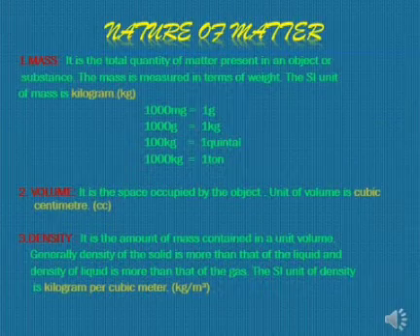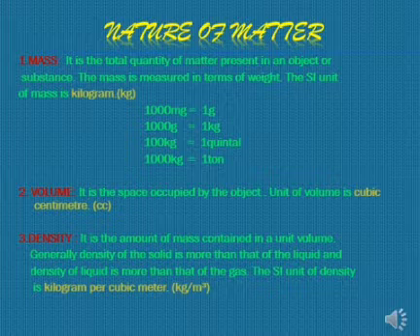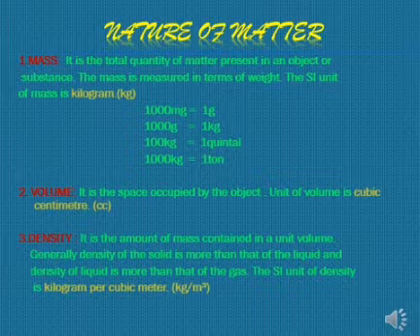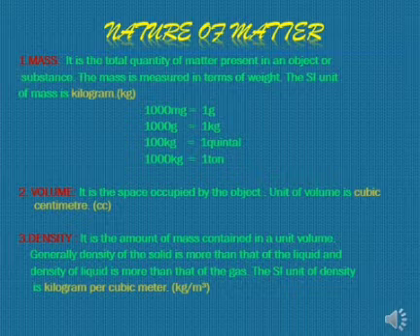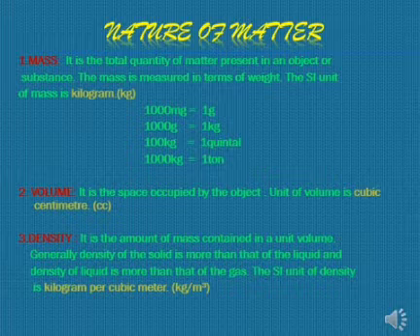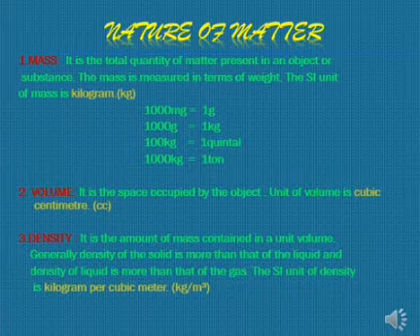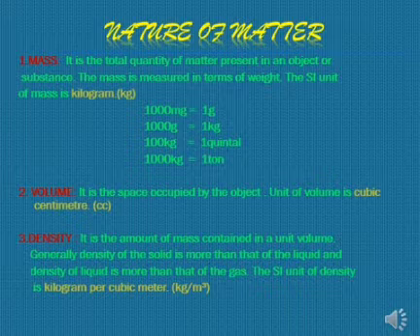Let's continue the lesson. You already know that matter has mass and it occupies space. Then what is this mass? Mass is the total quantity of matter present in an object or a substance. So how much matter is present in an object or a substance, that is the mass or the weight.